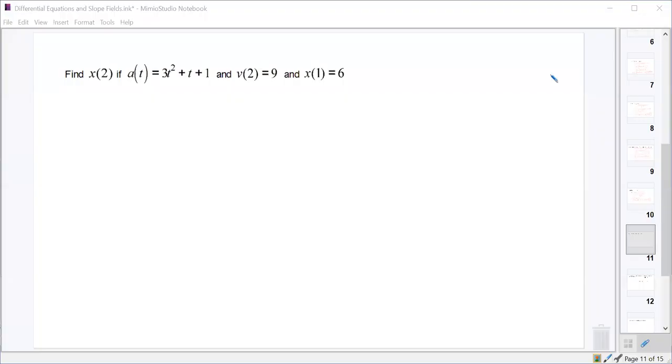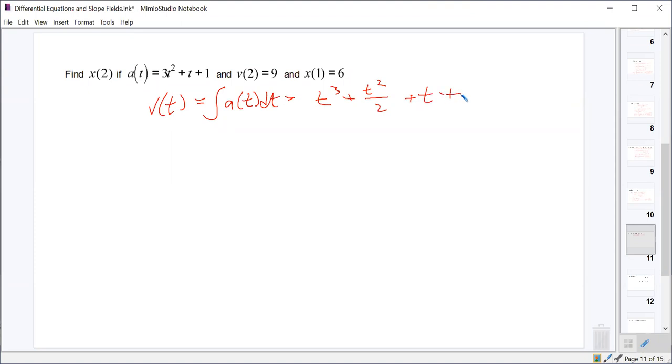First off, you should have integrated your a of t function. So v of t should be the integral of a of t, which was what? T cubed plus t squared over 2 plus t plus a constant. And v of 2 was 9. So 9 needed to equal 2 cubed plus 2 squared over 2 plus 2 plus c.